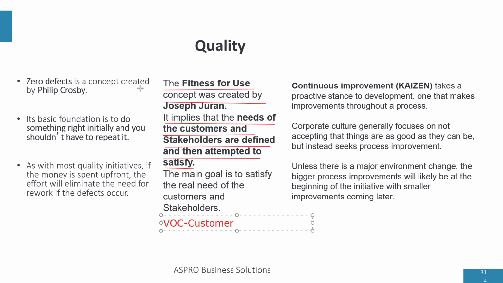Then we have continuous improvement. When we talk about continuous improvement, we're talking about Kaizen. Kaizen was made popular by Toyota in terms of being able to constantly improve processes over time, right? Kaizen is actually a Japanese culture of continuous improvement.